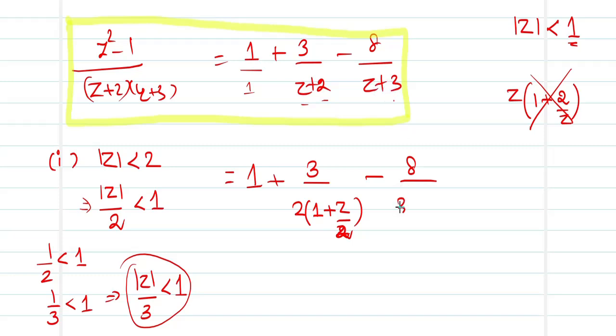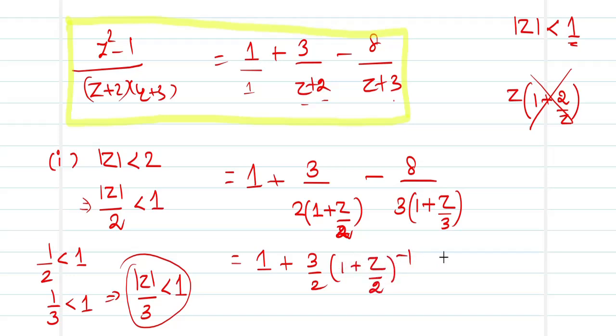I will have to pull 3 outside. So this gives me 1 plus z divided by 3. So now I have a z by 3 format. So I now rewrite this, take it to the numerator, as 1 plus z divided by 2 the whole inverse, minus 8 by 3 times 1 plus z by 3 the whole inverse.